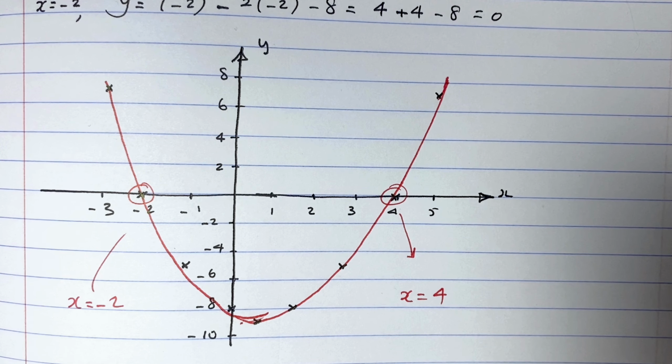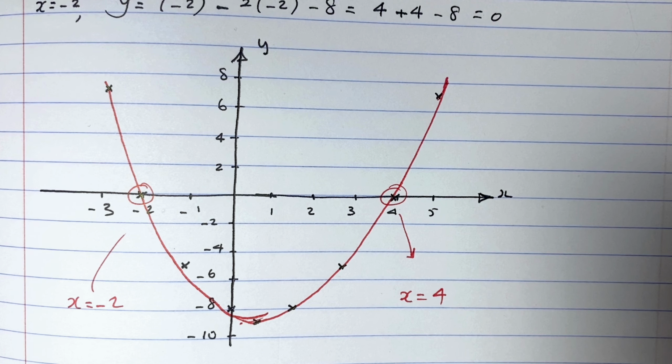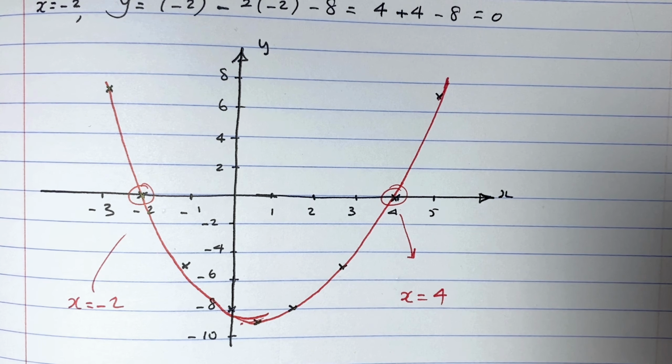So if it doesn't, we have to either use graphical method or by completing the square or formula. And you can see the formula is much, much quicker because we are actually using the result of completing the square as a model in order to solve all type of quadratic equation, whether it's factorizable or not.